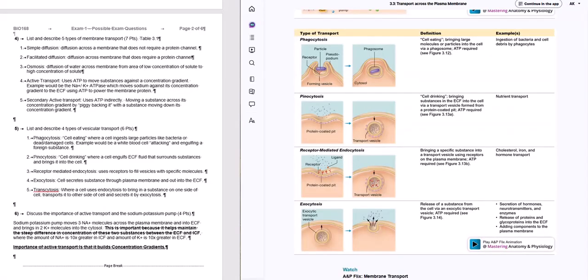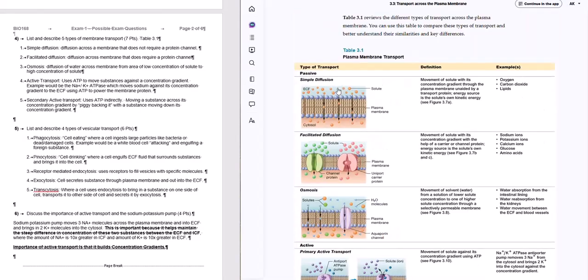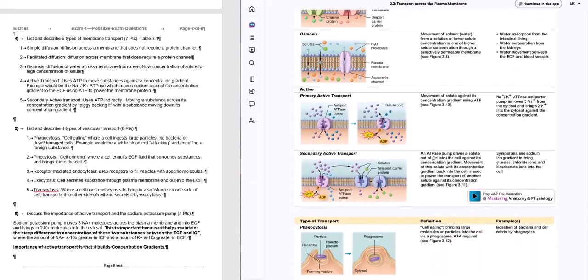Questions 4 and 5 can be easily viewed in Table 3.1. Same with the previous questions, you can find the answers there. So our 3 types of passive: simple diffusion, facilitated, osmosis, with definition and examples. Active transport is our primary active transport. A common example is the sodium potassium pump.